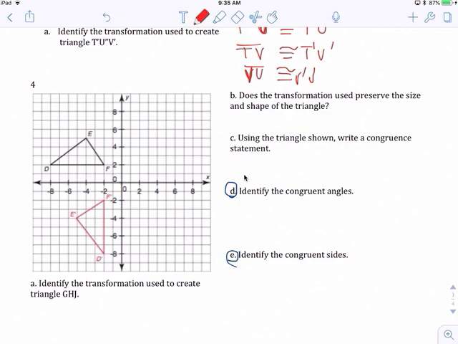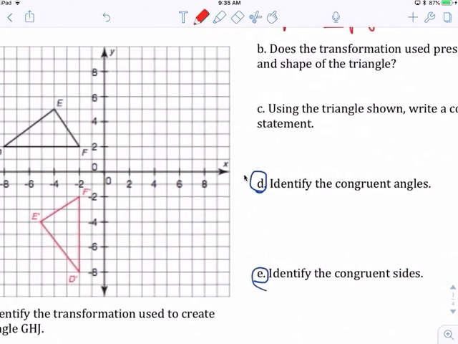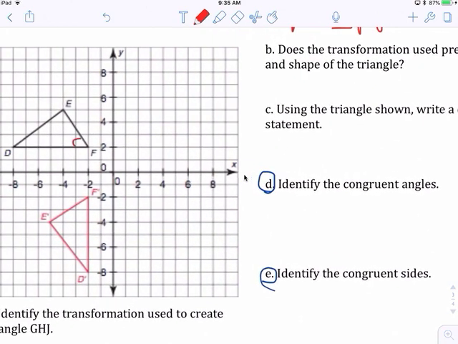Same thing. Identify congruent angles. Okay. Let's go angle F. Angle DFE is congruent to, okay, oh, that's easy.